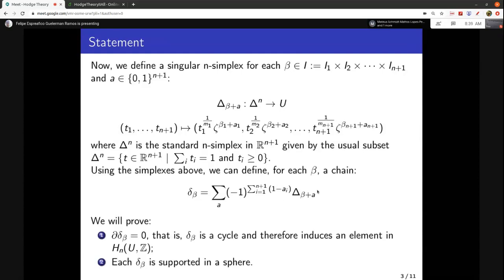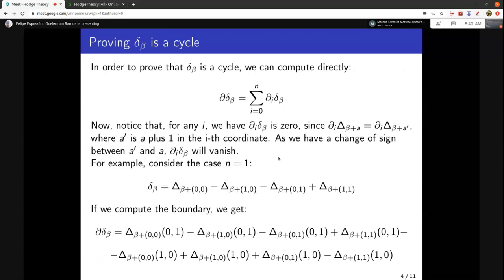So this simplex won't change because we are changing a coordinate where t_i is 0, but we will change the sign. As we have two options, 1 and 0, everything will cancel. So let's see the example in the case n equals 1, just to understand what happens.